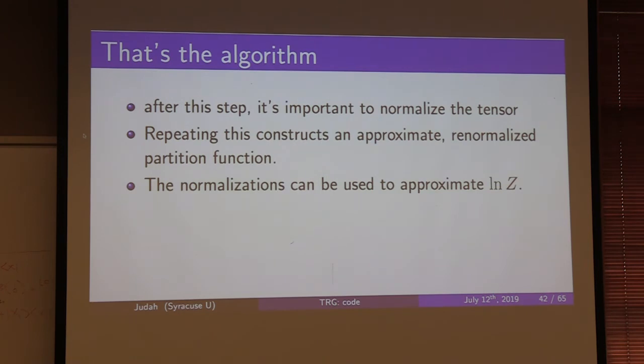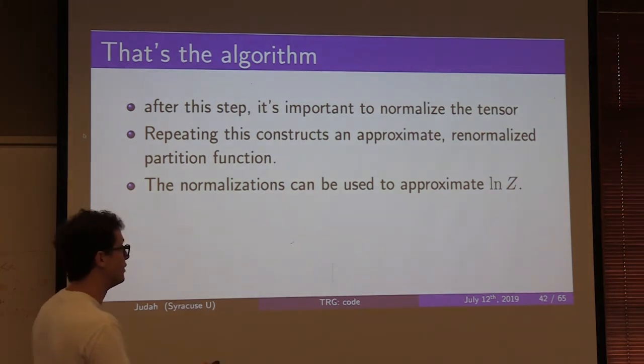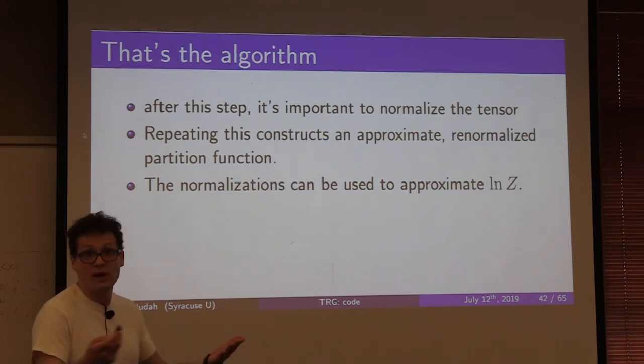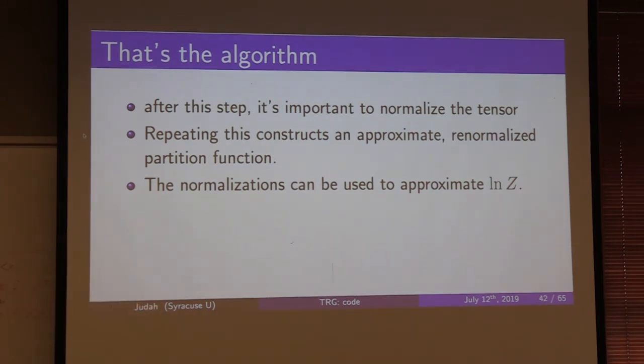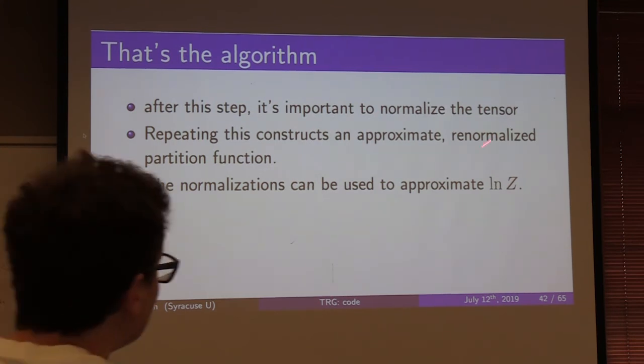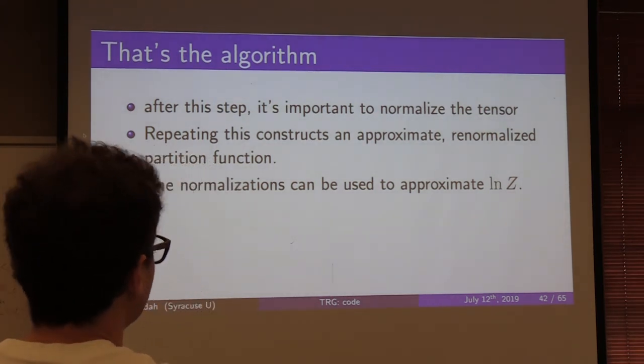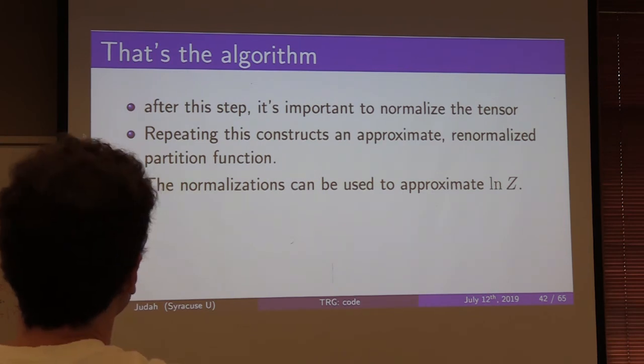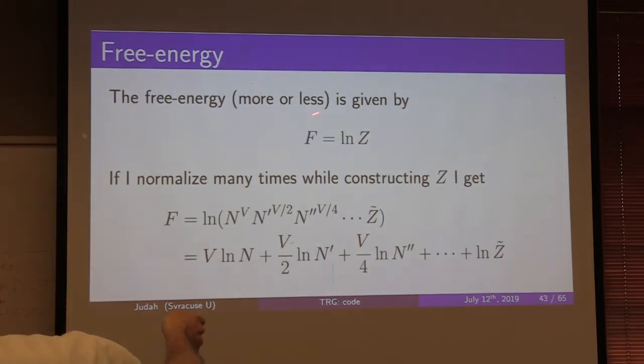The tensor elements themselves will be some huge float, like 1e312 or something. You don't want that ever to happen. So after each iteration, you want to normalize by some number. Those normalizations you use to build the free energy, so log z.